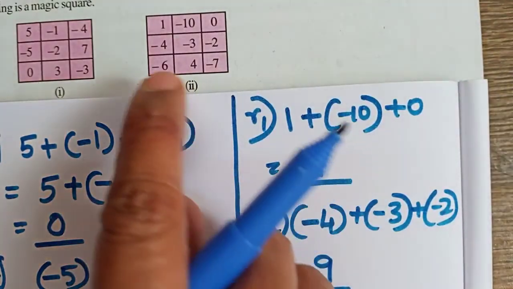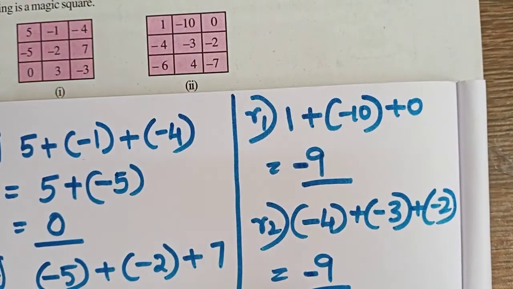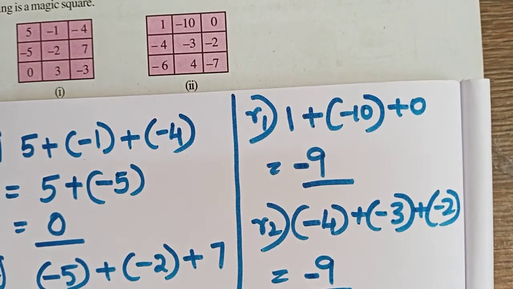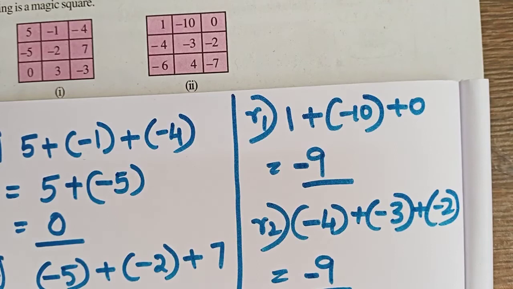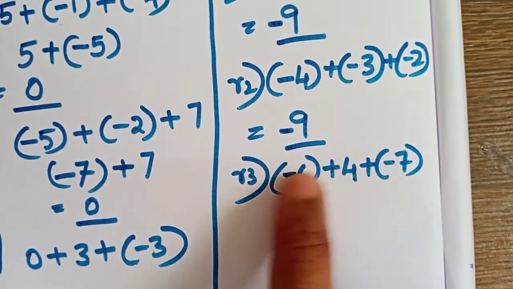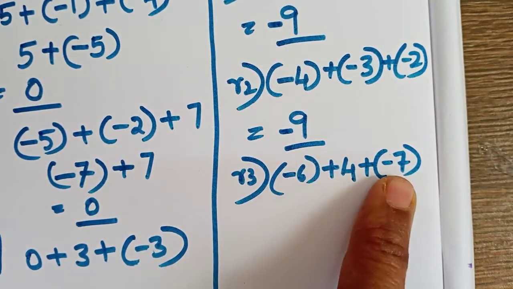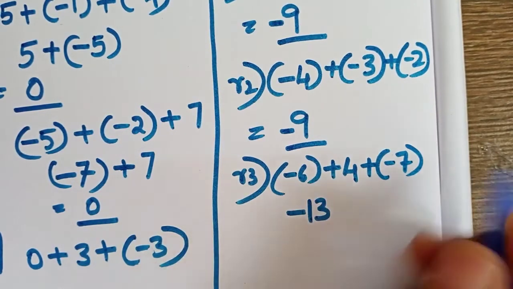Row 3 let us add. What is row 3? Minus 6 plus 4 minus 7. Minus 6 plus 4 plus minus 7. Okay. Minus 6 plus 4 minus 7. Now minus 6 and minus 7 both are having negative signs, so we need to add them up. Minus 6 minus 7 will become minus 13, isn't it?